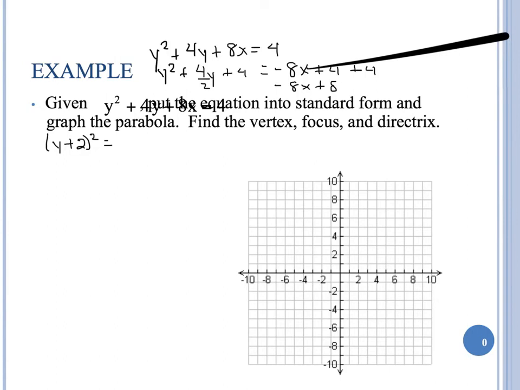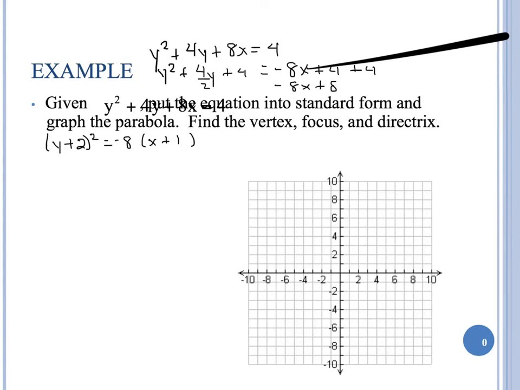And I need to get a set of parentheses over there with my x, and so I could leave my negative with my 8, or I could factor out negative 8. So I have negative 8 as my coefficient, and then inside the parentheses I have x plus 1.